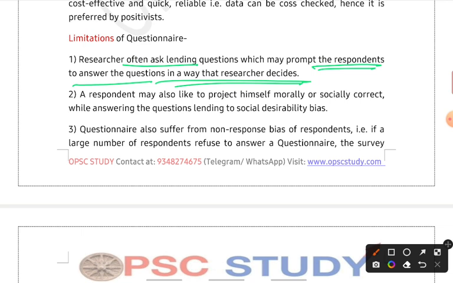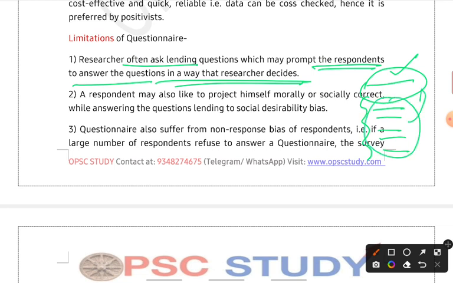Suppose let's take an example of a math question. The researcher will be framing the question in such a way that you have to answer similarly to how the researcher wants it, not based on your understanding but based on the researcher's requirement.